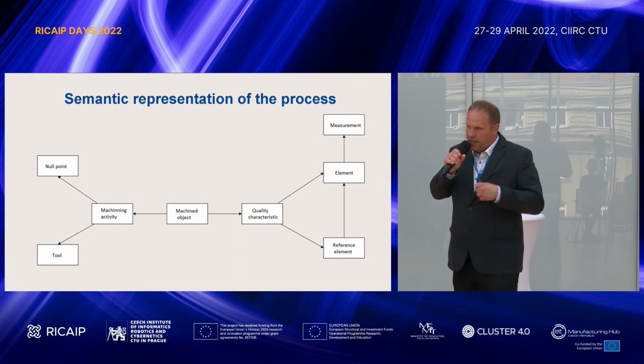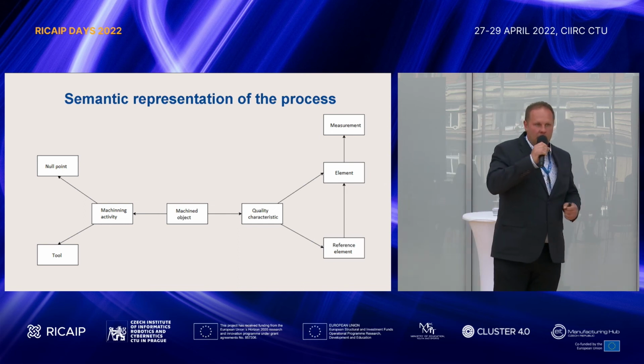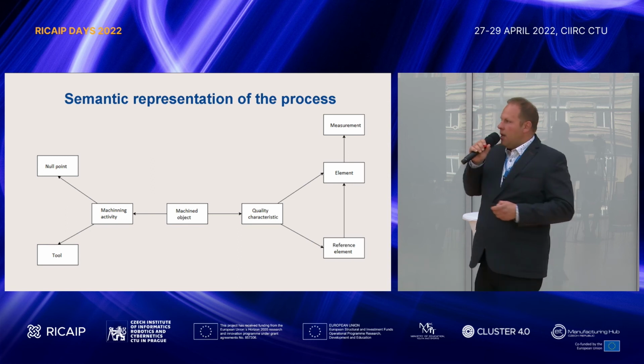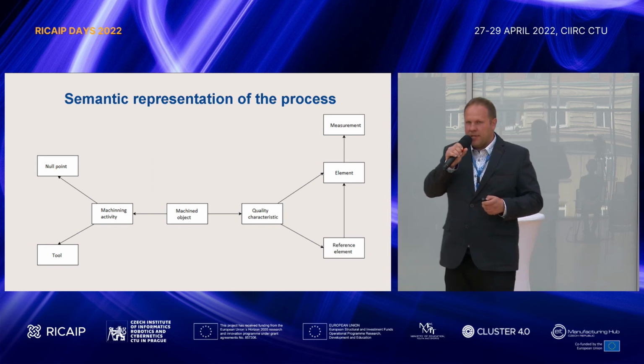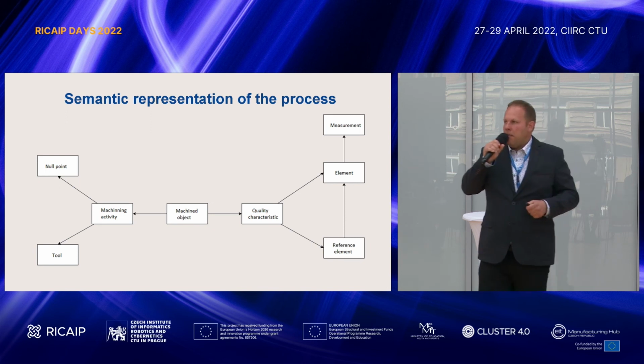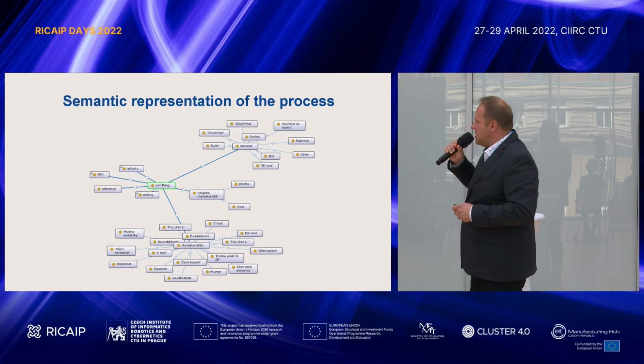Here, for example, ontologies can help us. We can use ontologies in different manners. One manner is, for example, optimizing the sampling plan, but we can also use it for diagnosis.